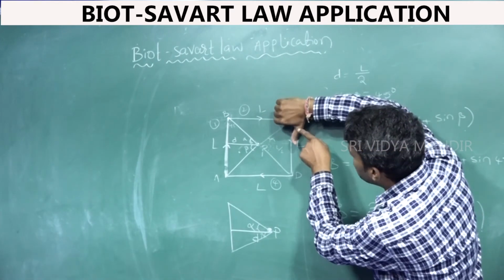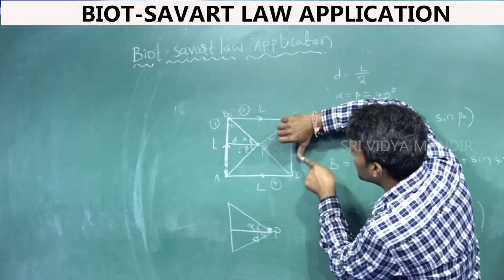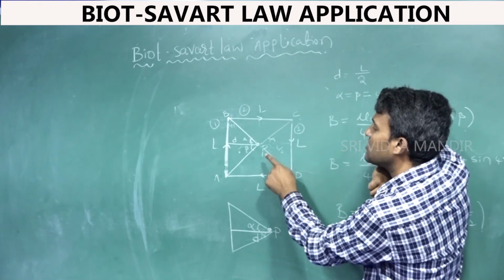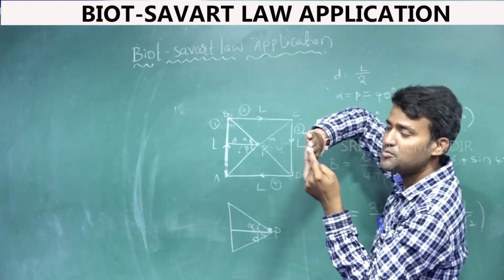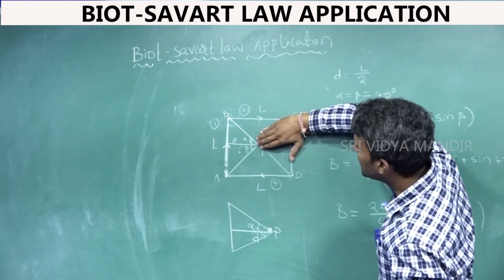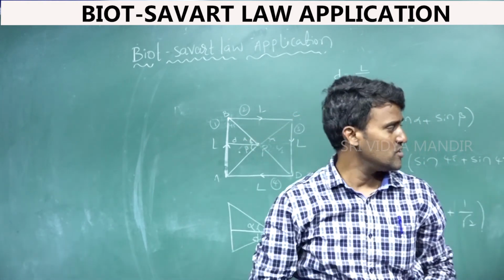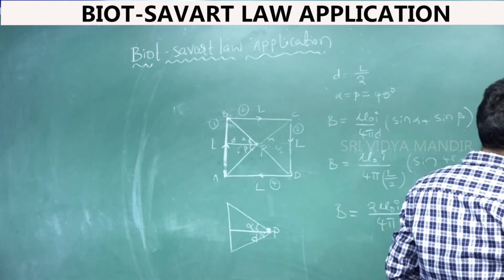The thumb we place along the current direction, which is downward. Where I have to calculate the magnetic field at point P, the tips of the fingers we place at point P like this. Now, is it inside or outside? It is inside. So this is also inside.